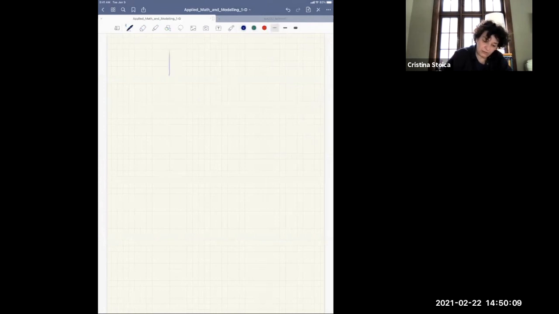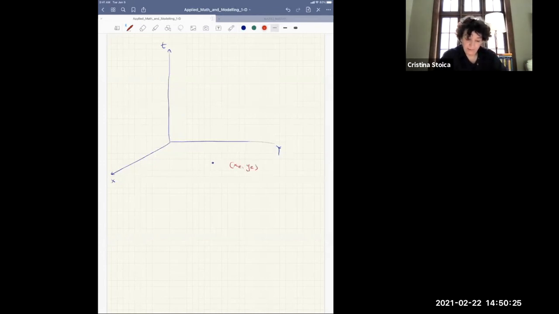Let's say here is X, Y, and T, and this is X_E, Y_E. This is an equilibrium, meaning in time, it doesn't change its position. So the position of that object doesn't change in time.